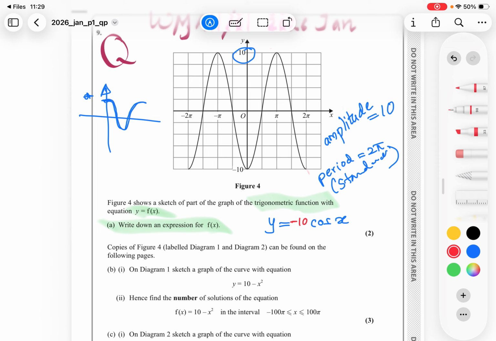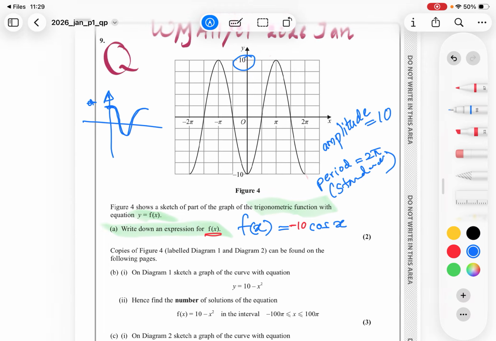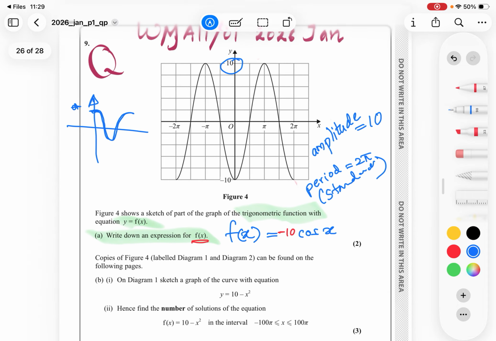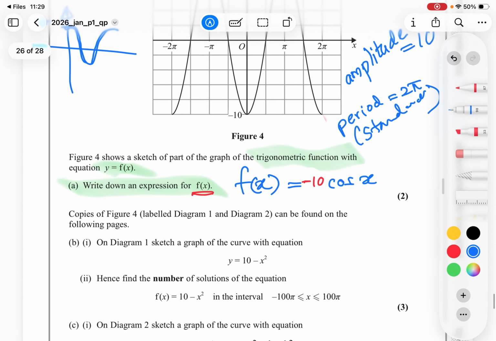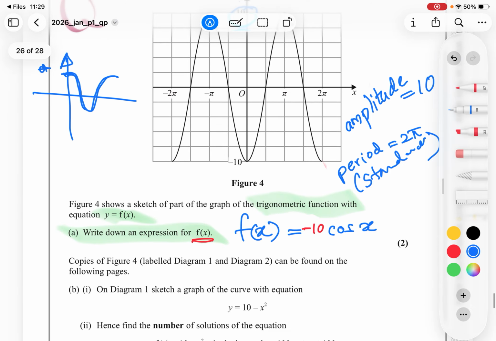So this is our f(x). Instead of y, I'll write f(x). f(x) is negative 10 cos x. So this is our identification of the expression.